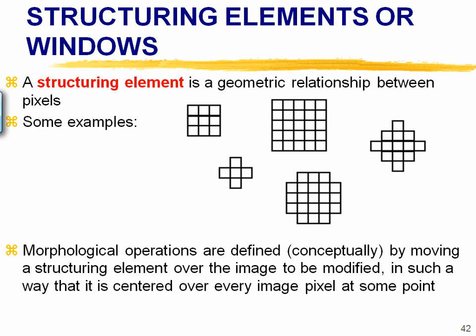So if I take, let's say, an image that's about that size, and I have the structuring element that I place on it, and let's say I want to perform an OR operation.